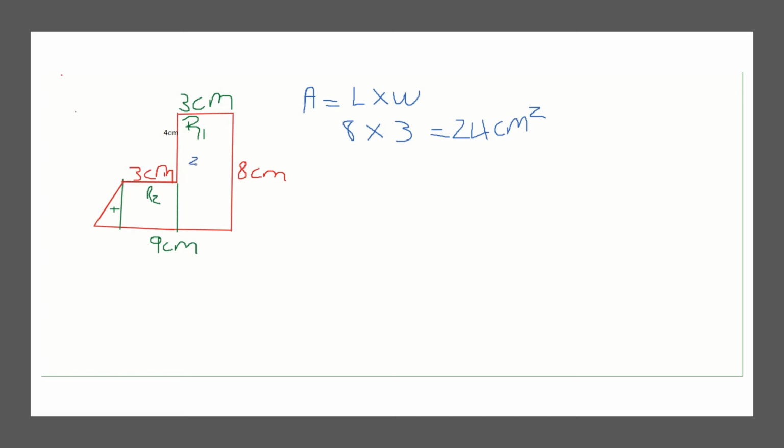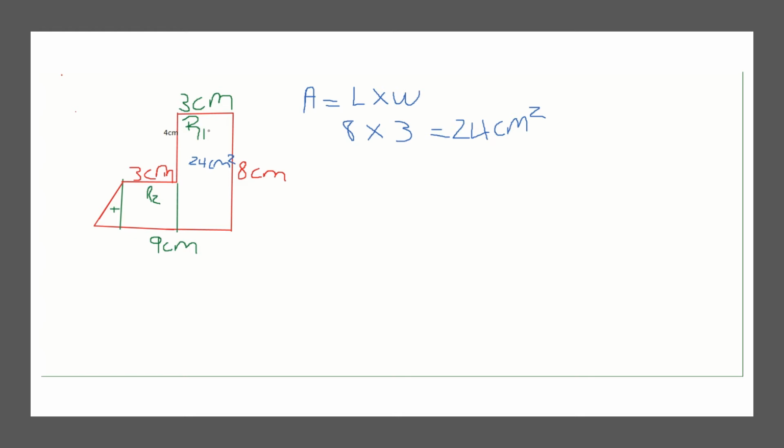So that's 24 centimeters squared. Okay, now we're finished with rectangle 1. Let's go to rectangle 2. Right away, we can see that we know the width of rectangle 2, which is 3 centimeters. We need to find the length.